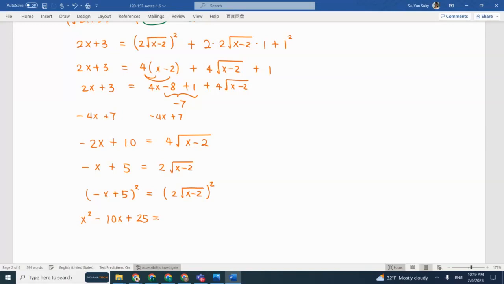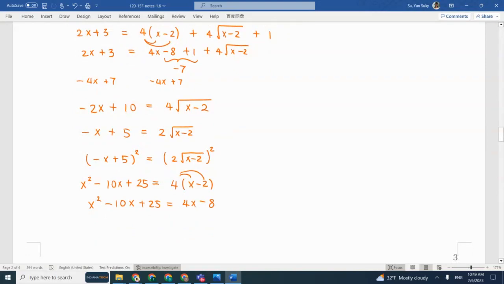Is everybody okay with this complete square? Yes? On the right hand side, 2 squared, 4. And then the square root and square cancel. Right, everybody? Okay, so we have x squared minus 10x plus 25. Distribute: 4x minus 8. Right, everybody?